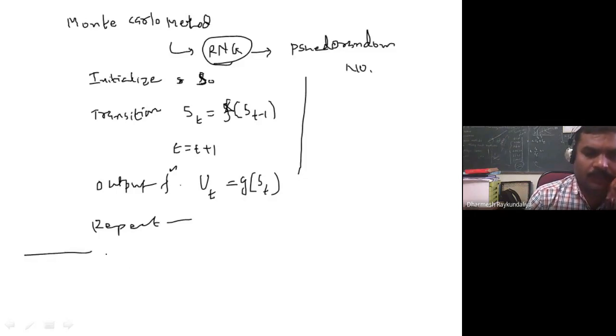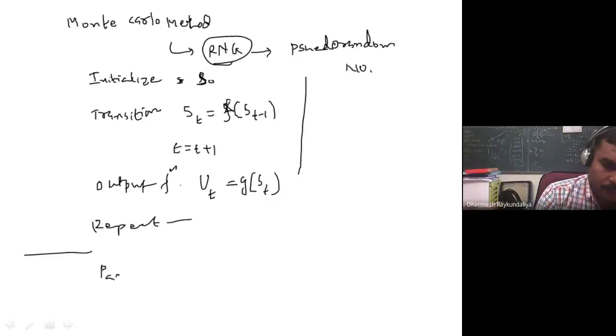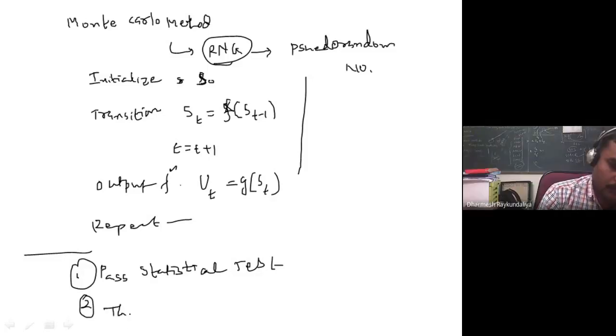So that we have seen, and we have seen that it has some properties. What are the properties? Can anyone tell? There are 8 properties we have seen. First, it should pass statistical tests. Second, there is theoretical support.